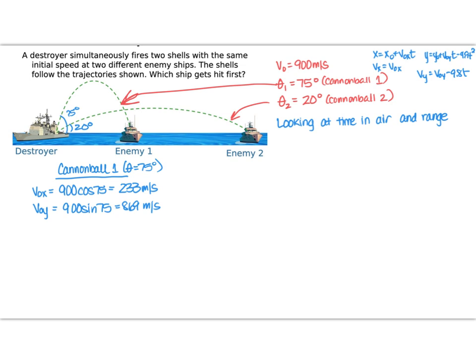You can just see I put in v naught x and v naught y. I'm going to say that x naught is equal to y naught is equal to 0. Just keep it simple.